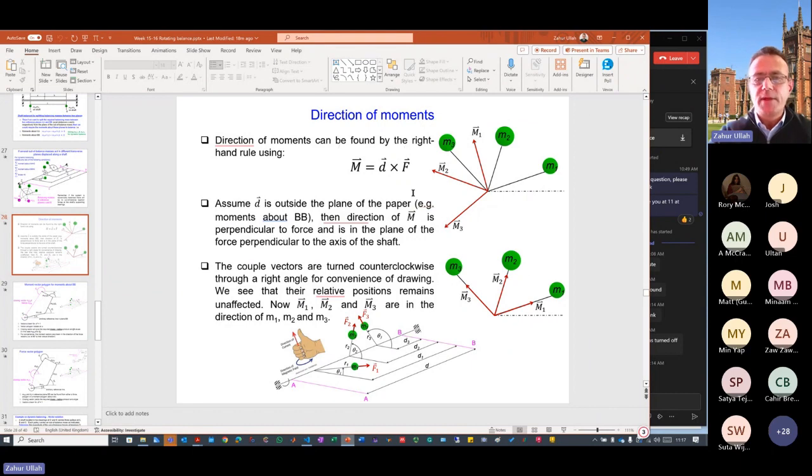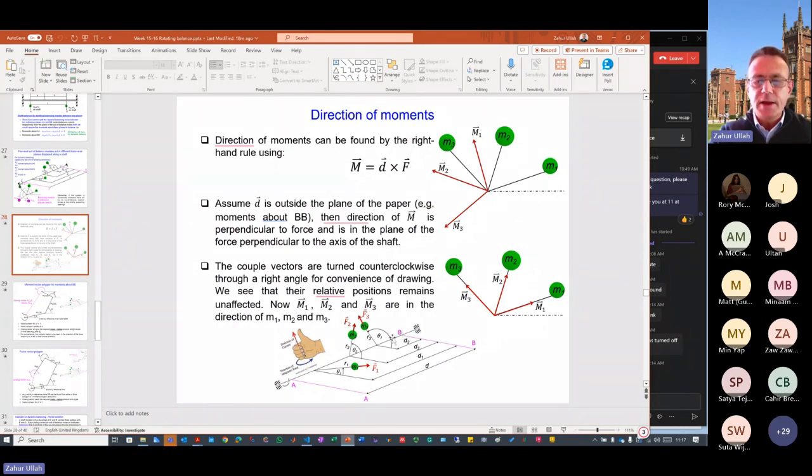that in mathematics, when you do the cross product, the direction of the cross product is, again, given by the right hand rule. So the way it works, for example, if you want to take the moments from B, you can use the right hand rule.